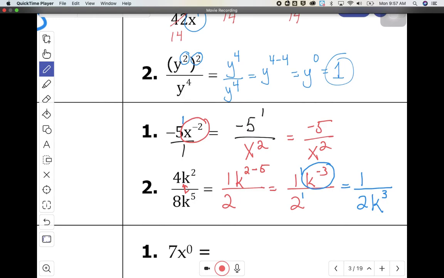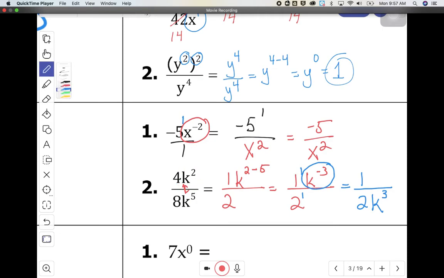If you're really struggling with where to put the final answer, I do have a little sort of analogy for you. It's like a football analogy. Do you see this k squared over this k to the fifth? I feel like this fraction line acts like a line of scrimmage. So you have 5 k's on the bottom stacked up against 2 k's on the top, right?